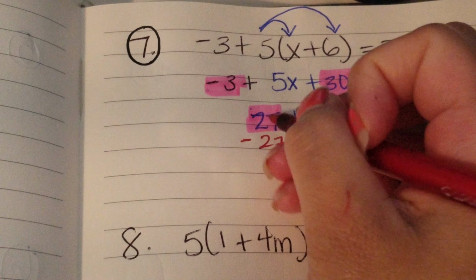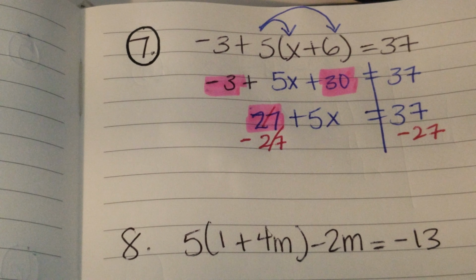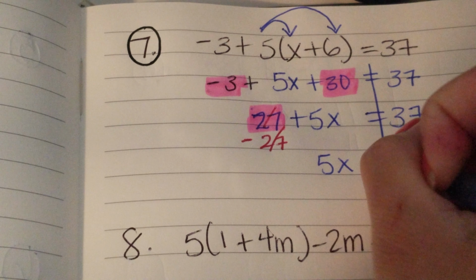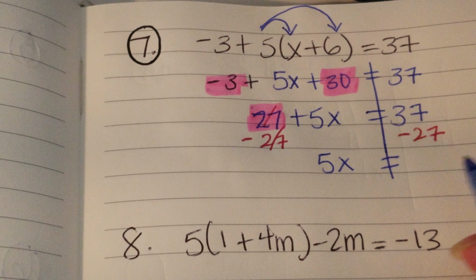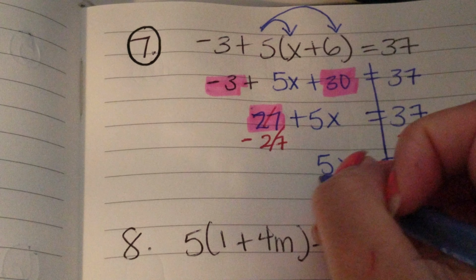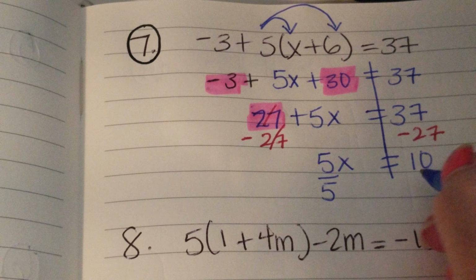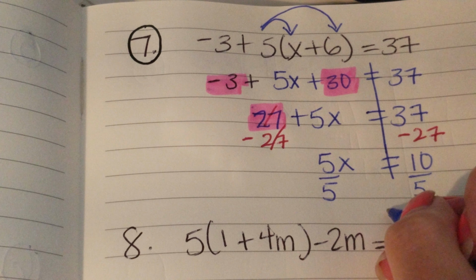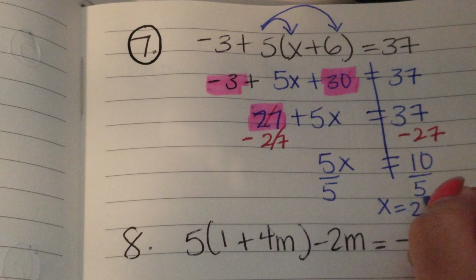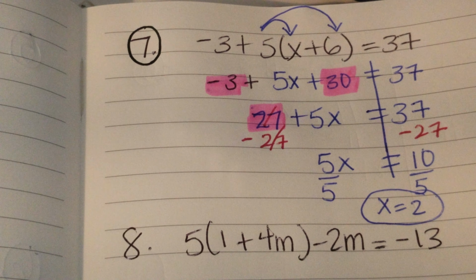So this will cancel out, and now I have just 5x, that's what I want, equals 37 minus 27, that will give you 10. Okay, and that's a pretty number because 5 divides 10. So x equals 10 divided by 5, 2. That is x.